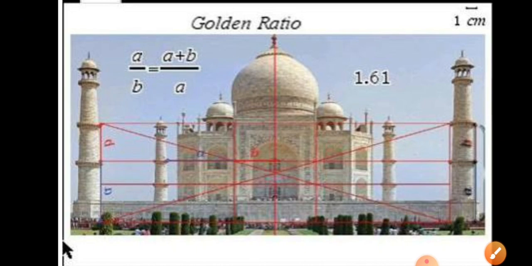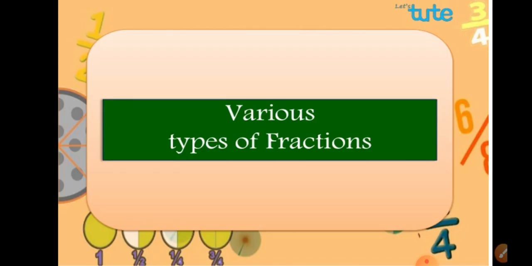The golden ratio A by B is equivalent to A plus B by A, which is equivalent to 1.618. The Taj follows the golden ratio, so the Taj is a beautiful architecture in our world.